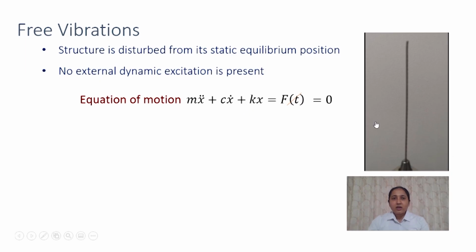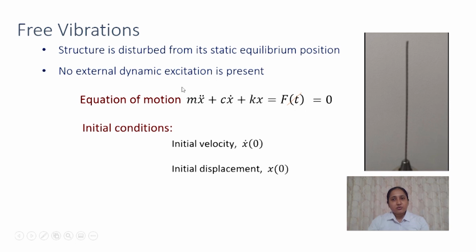So now, how is this structure vibrating? There's no force acting on it. So how is it vibrating? When the structure is disturbed initially, we are in fact giving it some initial conditions. That means we are giving it an initial displacement or an initial velocity or both.